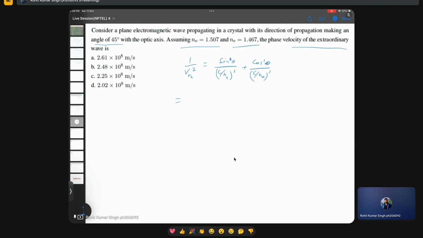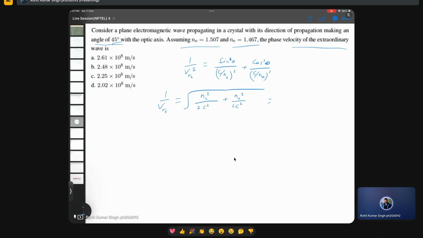You can take the square root, and 45 degrees means sine theta and cos theta both will be 1 by root 2, so the square will be 1 by 2, and NE squared and NO squared you can take above. So NE squared by 2c squared plus NO squared by 2c squared.